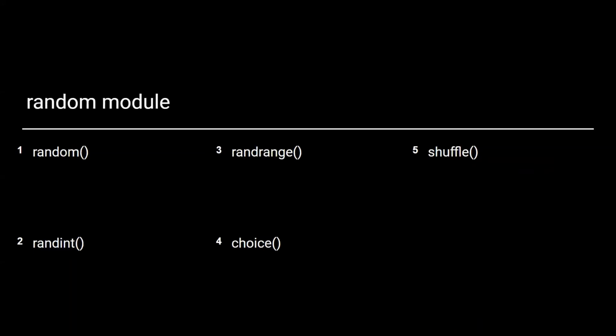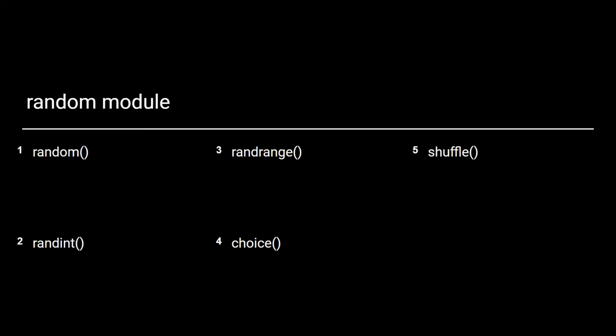Next we have the random module. What is the random module? The functions in this module depend on the pseudo random number generator function, random. Then we have five functions in the random module. First of all, we have random. It generates a random float number between 0.0 and 1.0.